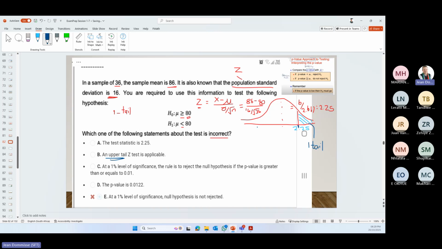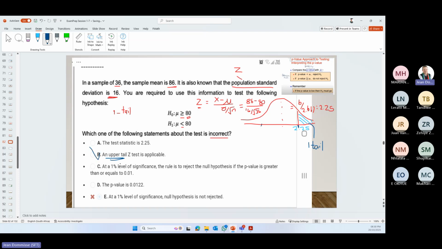If it was negative, it would have been a lower tail, the opposite of upper. So we're working with an upper tail.